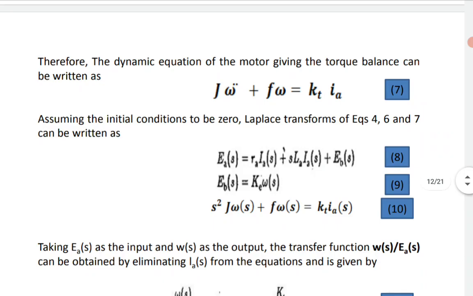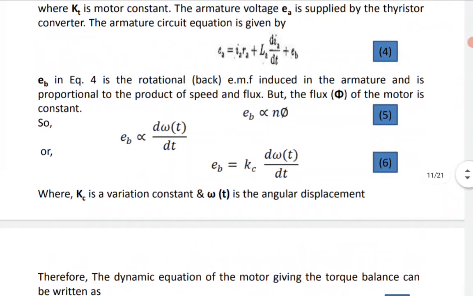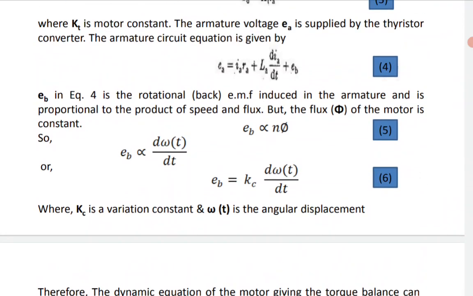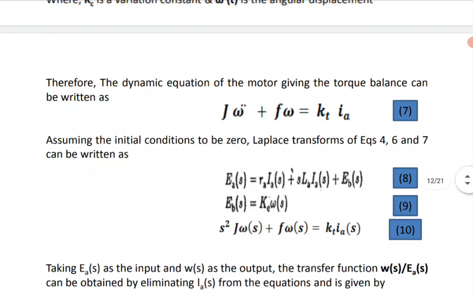we generate the Laplace transforms from equations 4, 6 and 7. We rewrite the same equations after applying the Laplace transform with 0 initial condition.